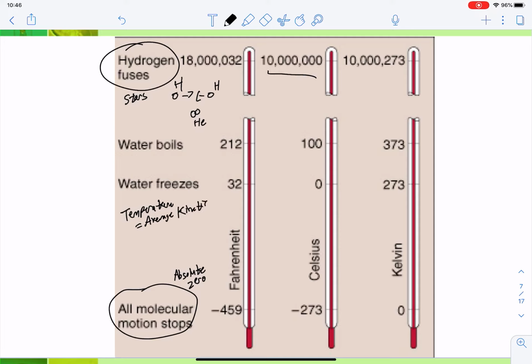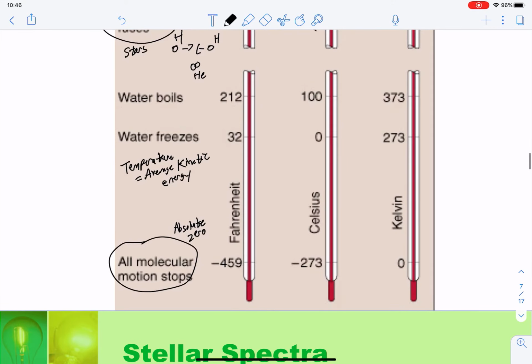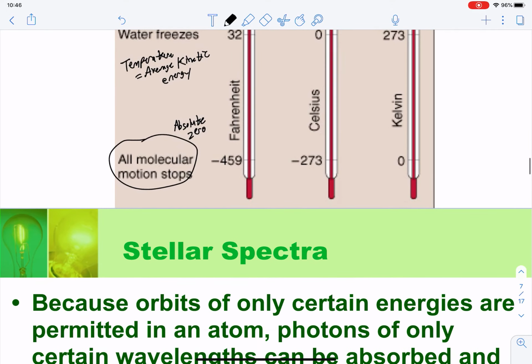So when we have zero, basically no energy, we have an object that is not moving, right? So that's absolute zero. We really can't observe something at absolute zero. We can get extremely close, like 0.00001 Kelvin, but not actually zero, because no matter how hard we try, particles are slightly moving.